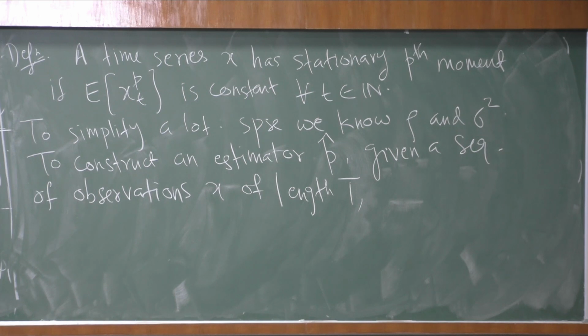So all we need in this is that the only thing unknown is mu for the moment, given that rho and sigma are known. So we need an estimator for the mean.